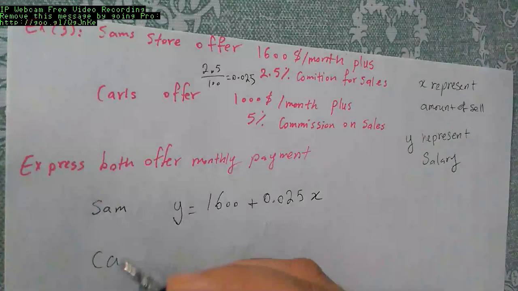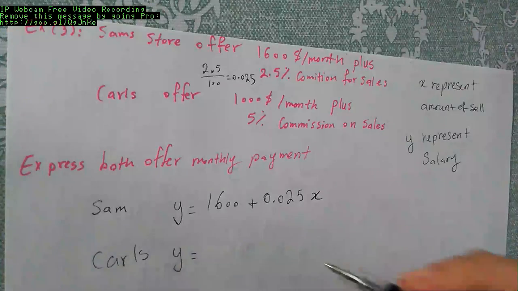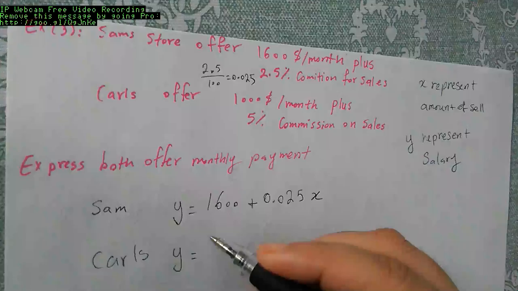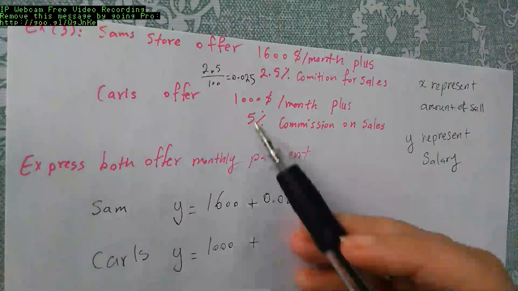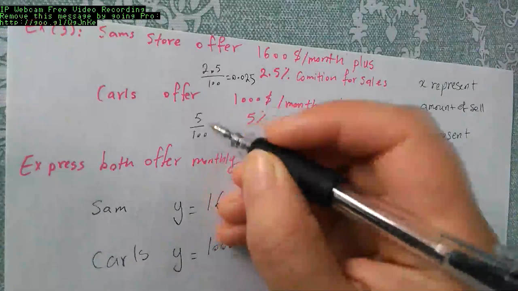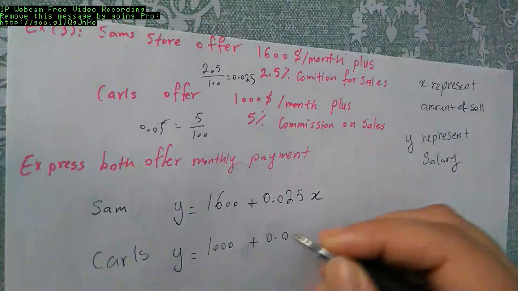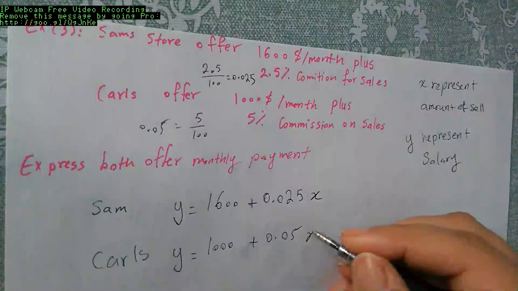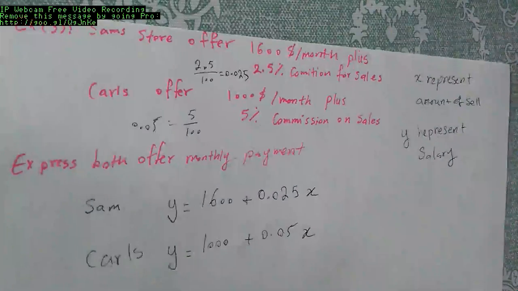For Carl's offer, y equals 1,000 plus what is 5%. 5% is just 5 divided by 100, which is 0.05. So it's going to be 0.05x.